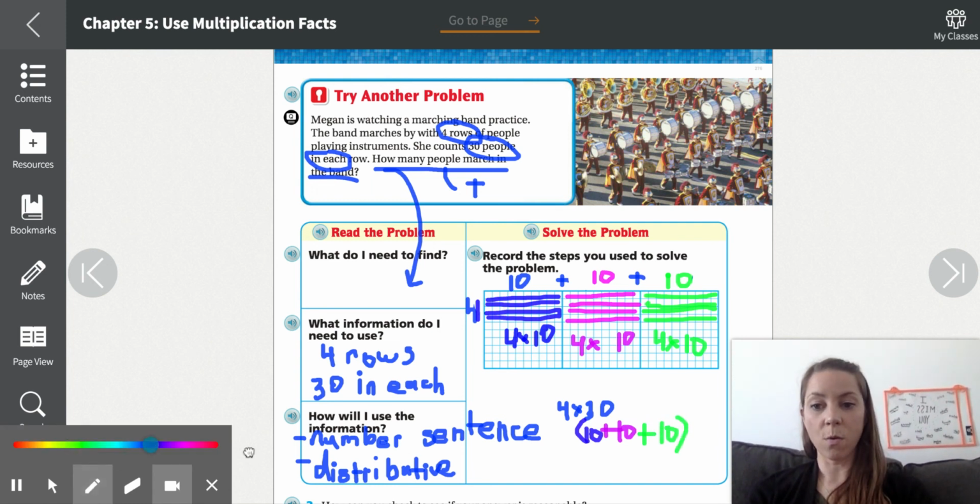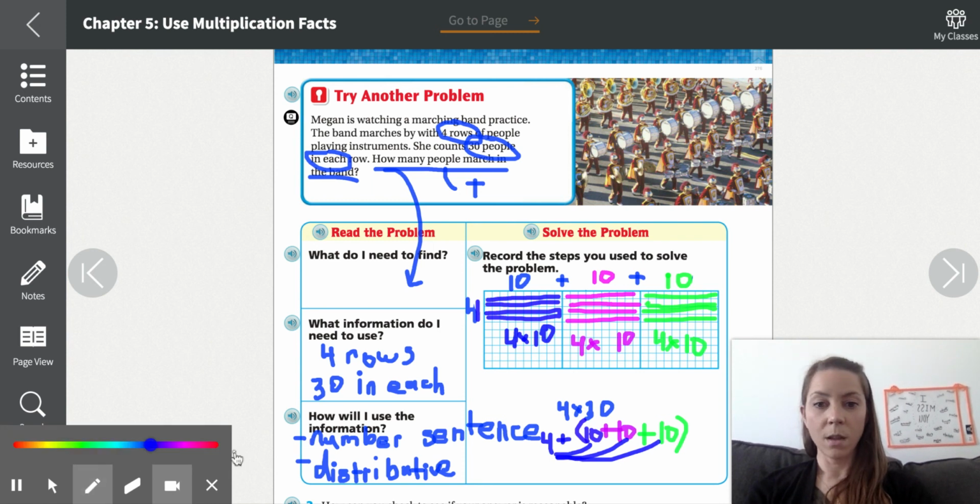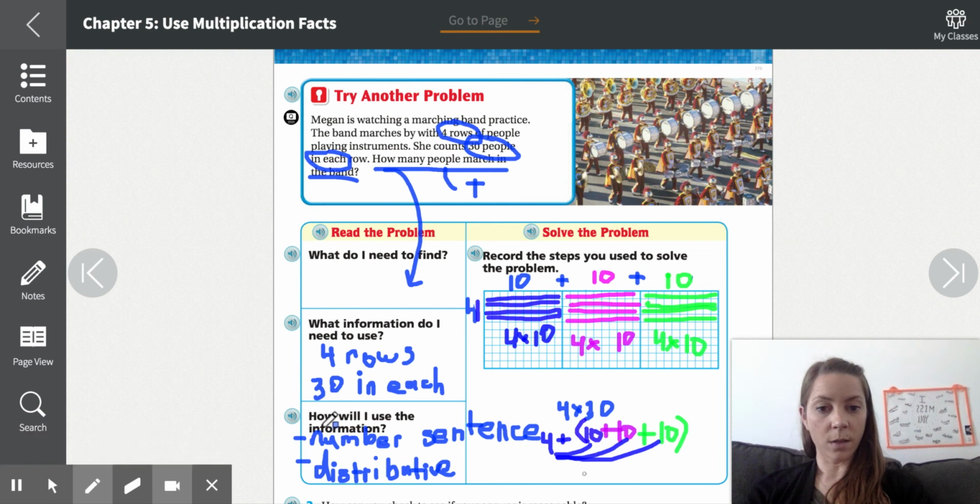The 4 has to stay the same. So sometimes, I think somebody showed us, I think it was Justice showed us the trick of taking this 4 and multiplying it by every number inside of here, right? So I have 4 times 10, 4 times 10, 4 times 10. So what do those each equal for me? And you can write it out across. I'm going to write all of those out across here.